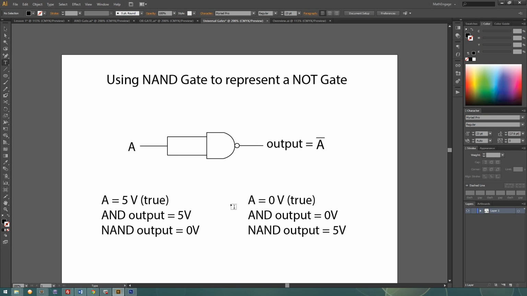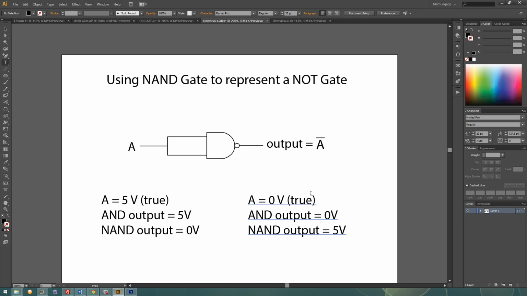That would mean that the NAND gate is reading both inputs as 5 volts. So the NAND is going to output 0 volts because it's what the AND is, but flipped. If both branches were 5 volts, the AND would output 5 volts, but the NAND would obviously output 0 volts.